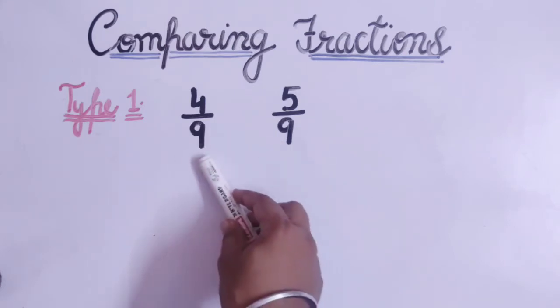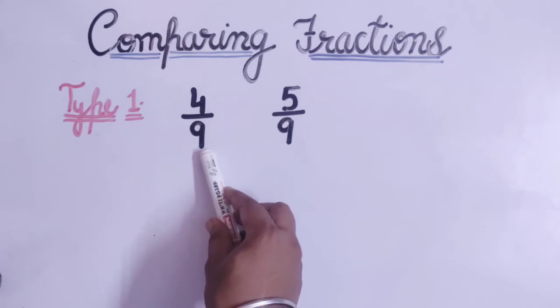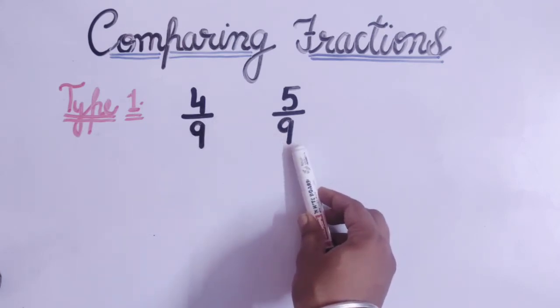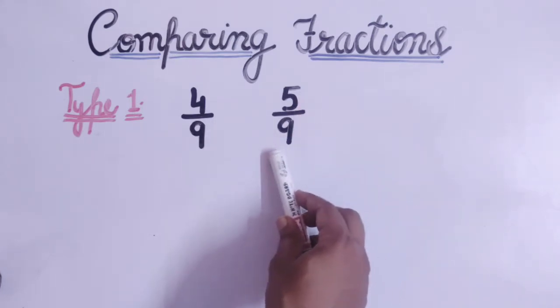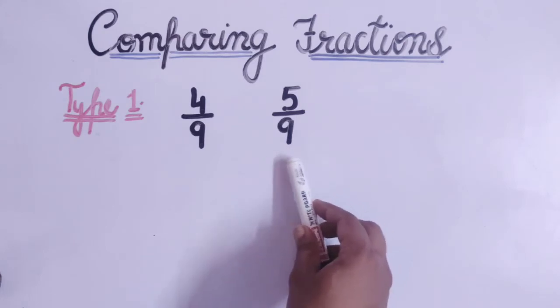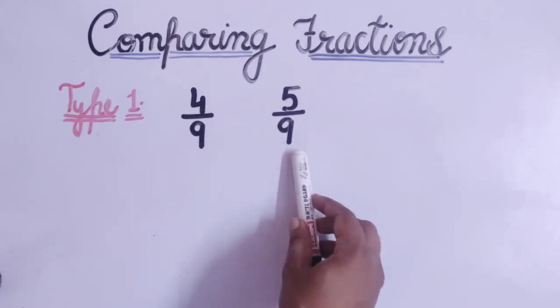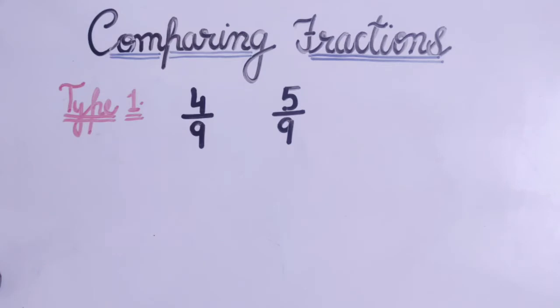See here, the first fraction has denominator 9, and the second fraction, 5 by 9, has denominator 9 too. When the denominators are the same, the fractions are like fractions, and the smaller numerator represents the smaller fraction. Let us understand it with an example.